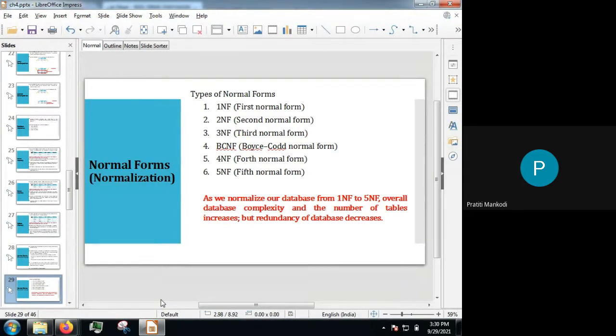As we normalize our database from 1NF to 5NF, overall database complexity and the number of tables increases. Why? We are decomposing every time. We are following a rule of divide and conquer, right? But redundancy of the database will decrease, and thereby the anomalies will decrease.